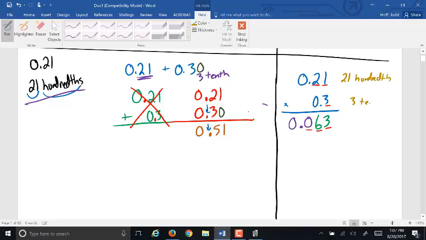This is 3/10. And when we multiply numbers, we combine the counts. 21 times 3 is 63. But we also combine the names. Hundredths times tenths is thousandths. So by counting those decimal places in the problem and making sure there are that many decimal places in our answer, what we are doing is combining the names.